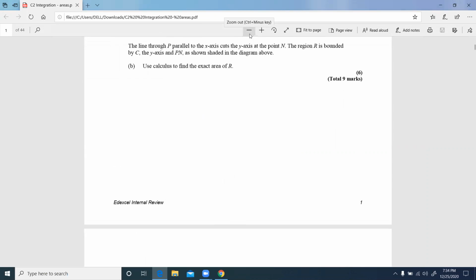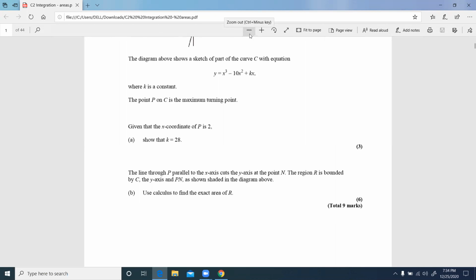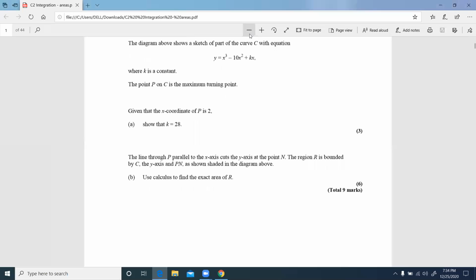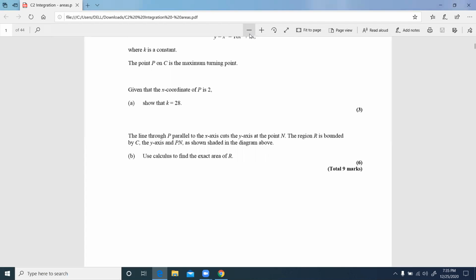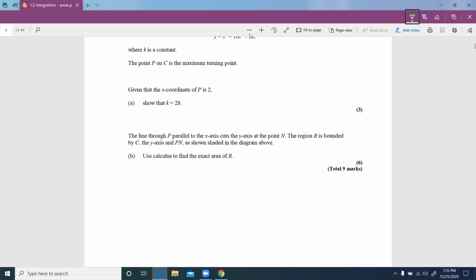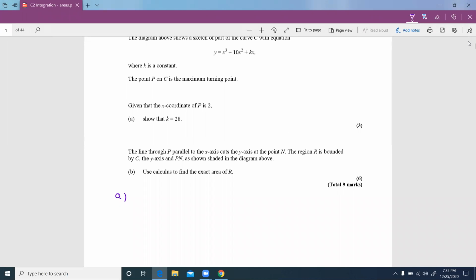So basically, if you come up with this equation, x cubed minus 10x squared plus kx, let's start with part A. The equation is y equals x cubed minus 10x squared plus kx, right?